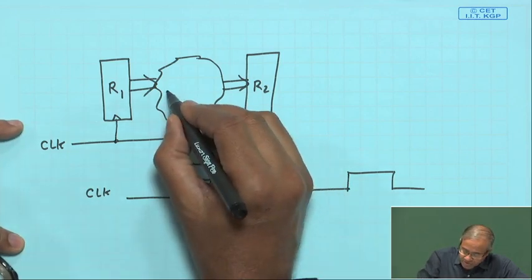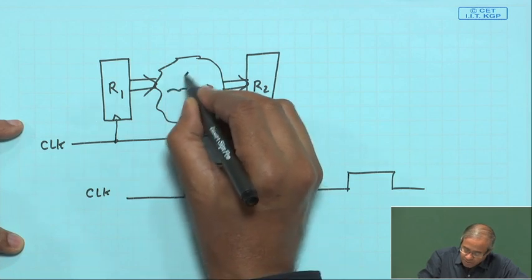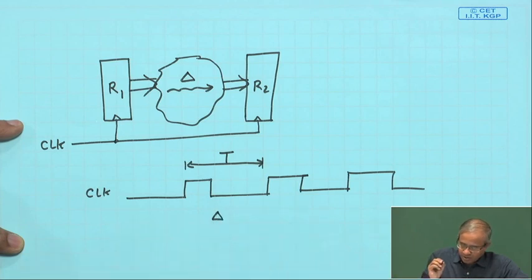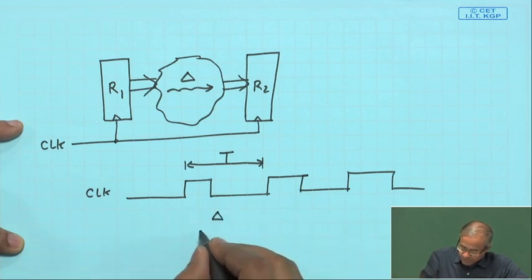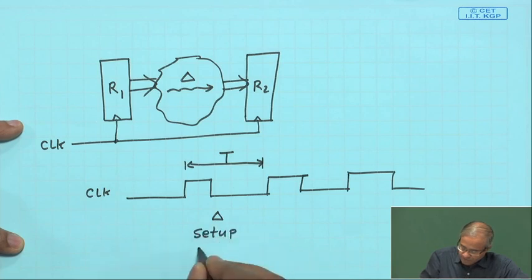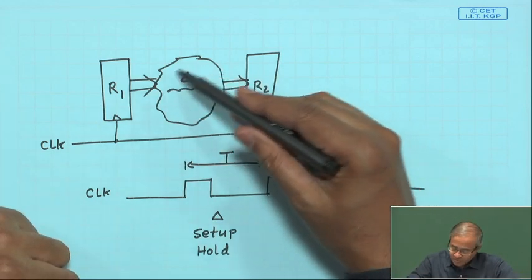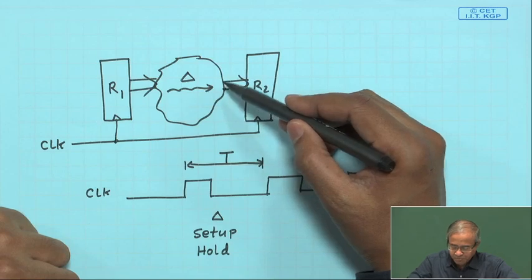Of course, it will depend on the delay of this combinational block, let us call it delta. This will also depend on the setup time. This will also depend on the hold time.